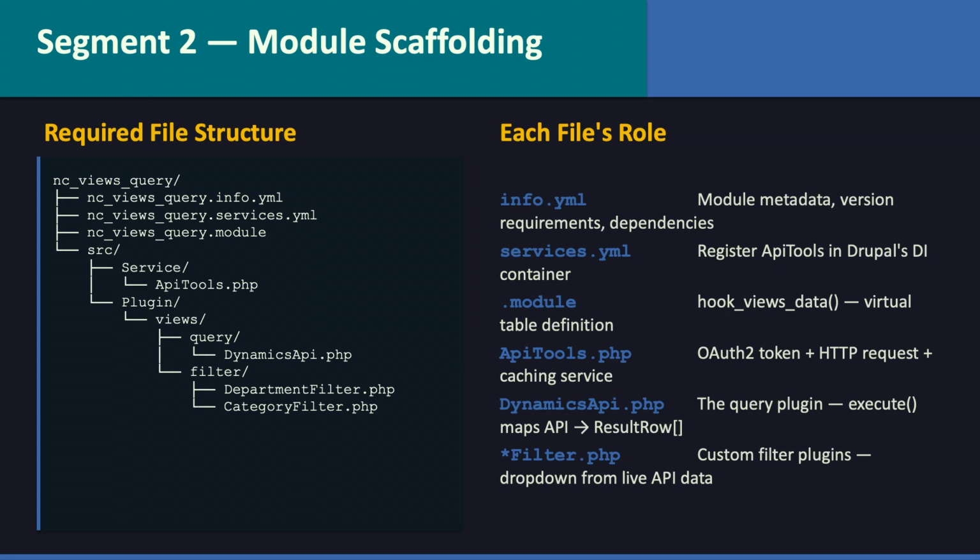So there's the module file, which had the hook in it, which we'll talk about. I created a service and then several custom plugins, one for the query and two for the filters. So that was the basic structure of this module.